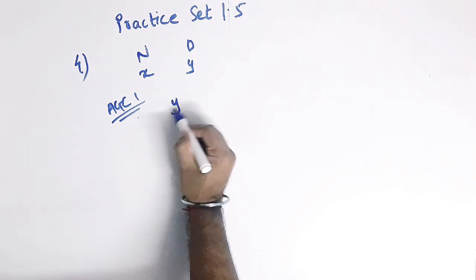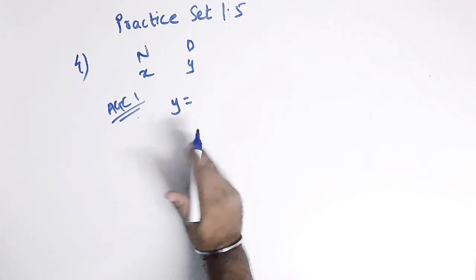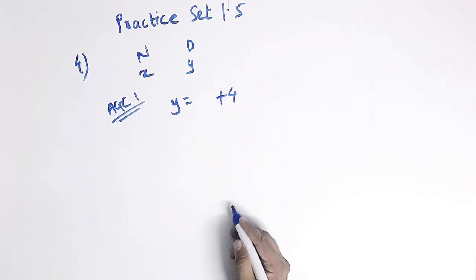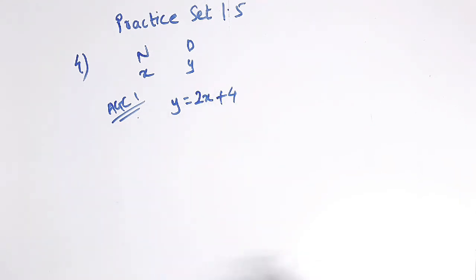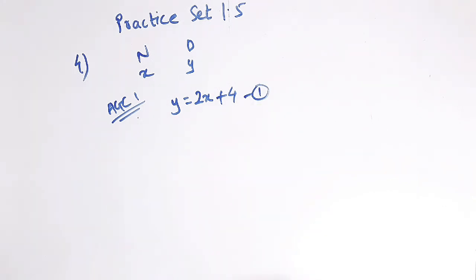The denominator of a fraction, y, is 4 more than twice its numerator. 4 more means I'll take plus 4. So y equals 2x plus 4. We got the first equation. Let me keep it as it is. We'll do it by substitution method.